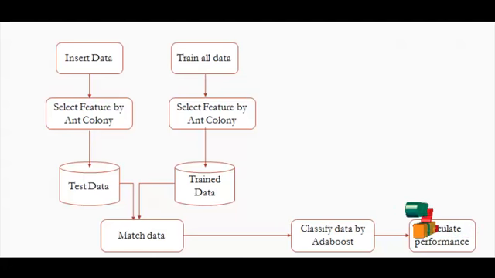The features are stored, then we perform insert data, inserting 1% diabetic data, and then perform ant colony feature selection. After that, the best features are selected and stored in the test data. The test data and trained data values are matched.